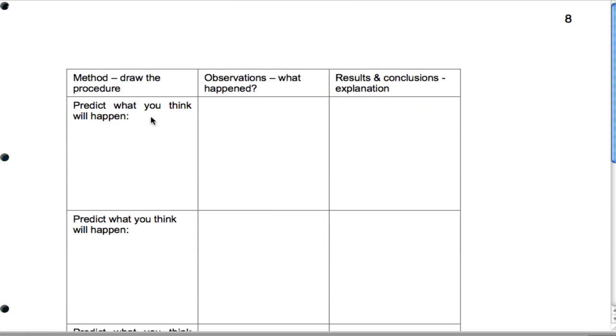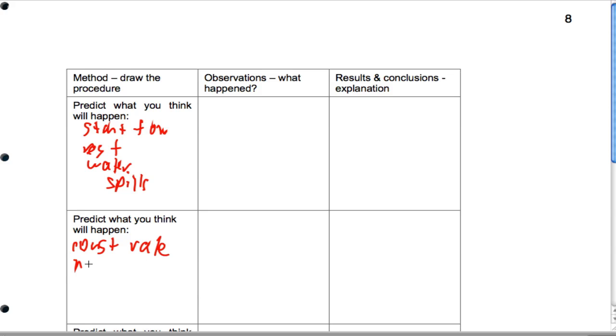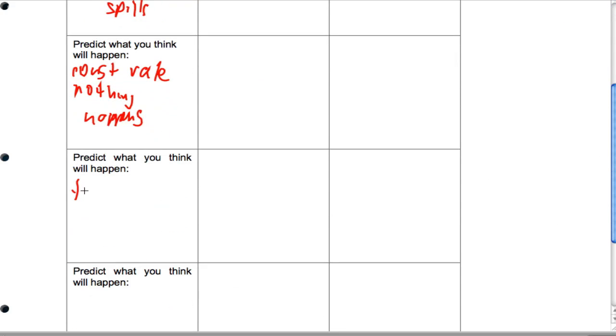So what we predicted, starting from rest, water spills. Moving at a constant rate, nothing happens. And of course, judging from people's reaction, we knew that turning right, left quickly, water spills.